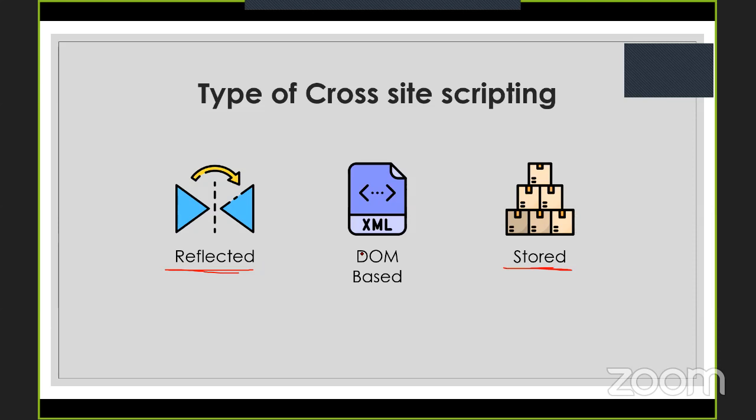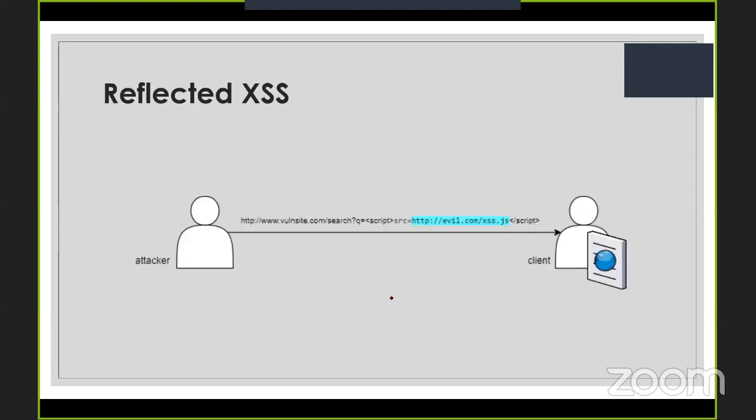DOM is the same, but the vulnerability will not appear in your browser. You can only see it at runtime, or you can investigate it by the DOM of the page.